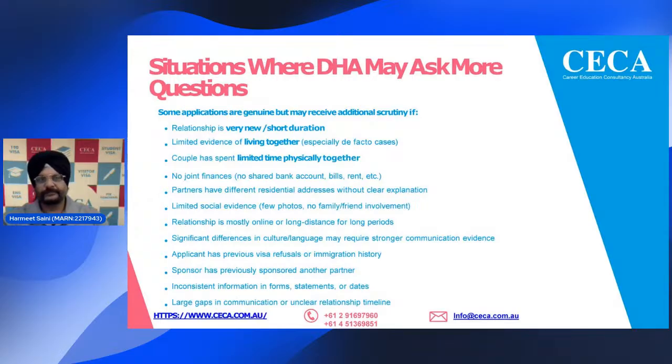For example, if the relationship is new or of short duration, or you recently married and lodged the application, they may require more evidence. Or if you provided limited evidence of living together, especially in de facto relationships, and the couple has spent limited time physically together, they may ask for more information such as your shared bank account, bills, rent, mortgage, any other social aspects of the relationship, or any other evidence which is more favorable to support your relationship for the visa processing.